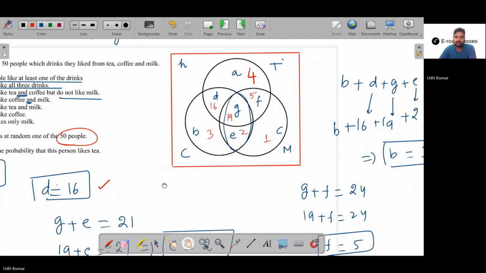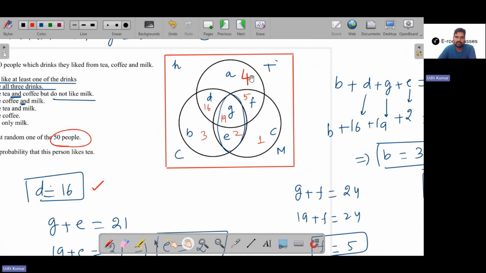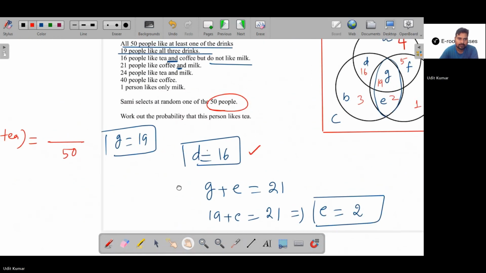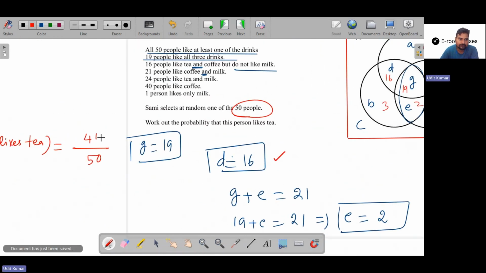And if you go to the T section, 4 plus 5 is 9. And then 16 plus 19, right? So 9 plus 16 plus 19 is 44. So that is going to be 44 by 50. If you simplify it, you will get 22 divided by 25. And that should be your answer.